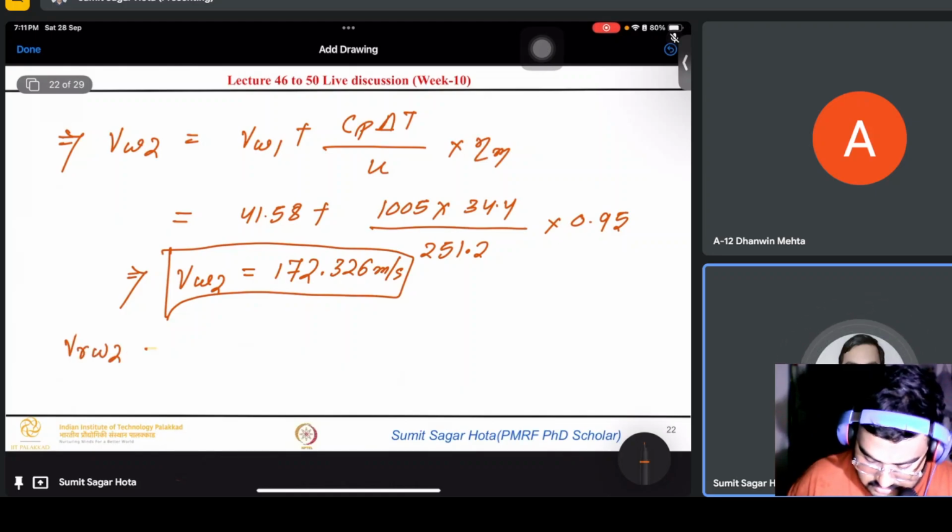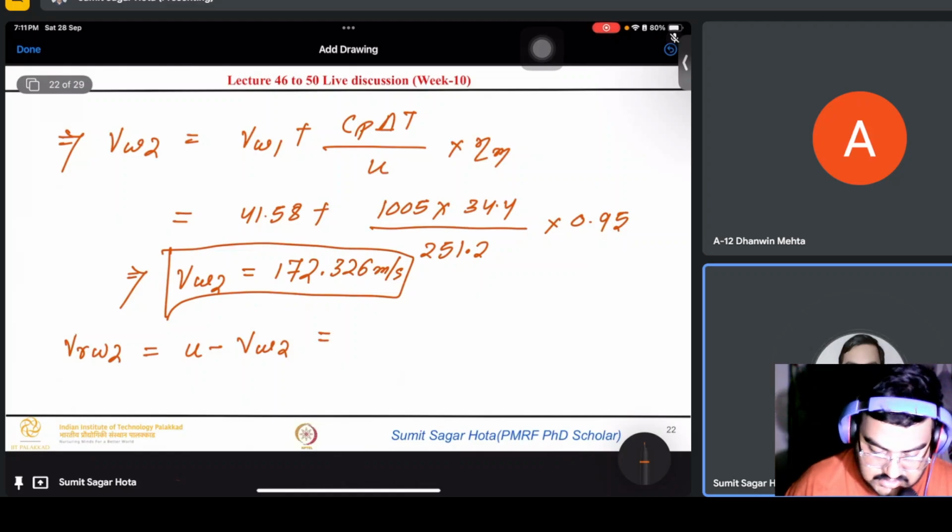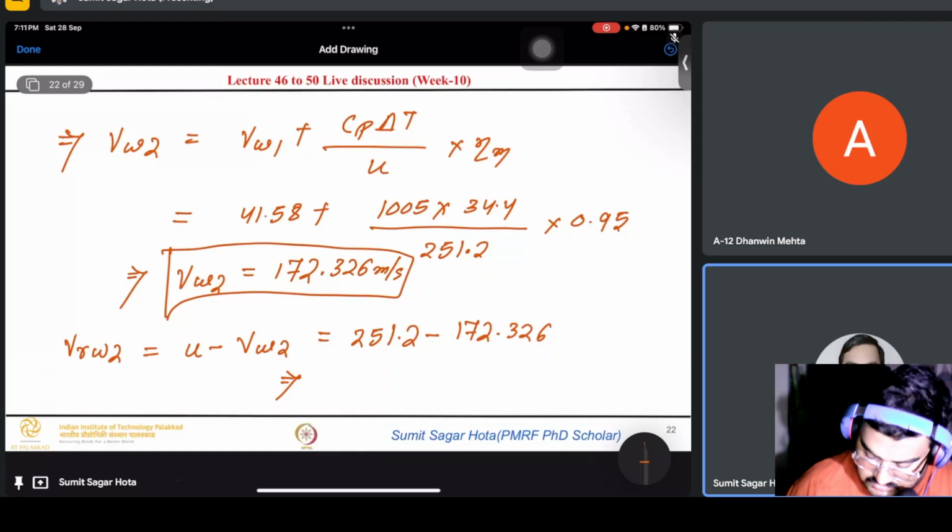Vrw2 is equal to U minus Vw2, that is 251.2 minus 172.326. So from here you can find out Vrw2 as 78.87 meter per second.